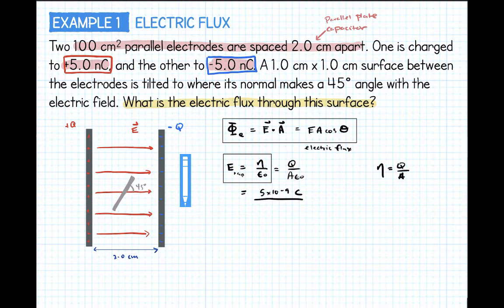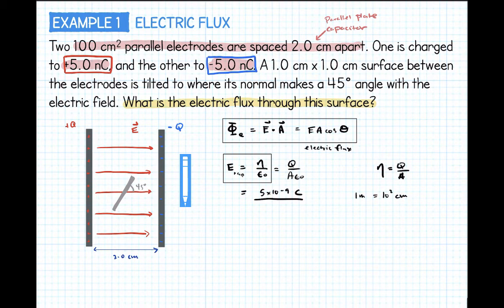That's 100 centimeters squared, and we need to convert that to meters squared. Actually, just as a side note, if you want to go from centimeters to meters, 1 meter is equal to 100 centimeters, which you can also write as 10 to the 2 centimeters.